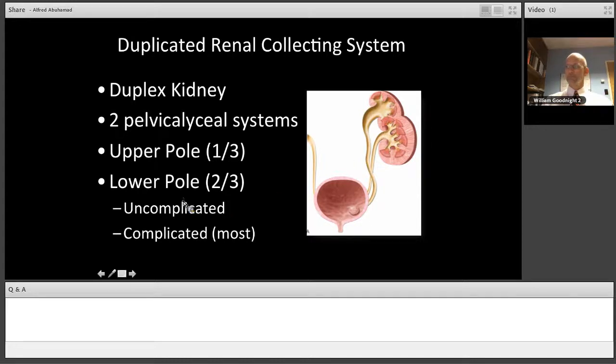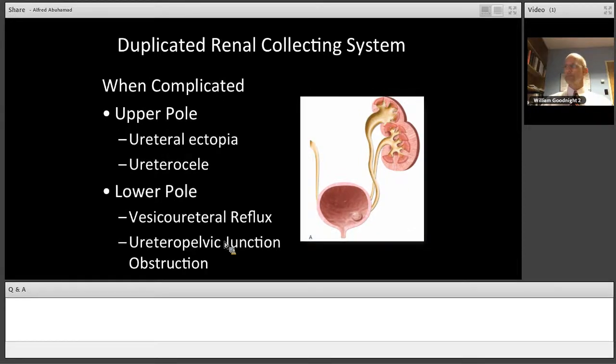Most of them are probably uncomplicated, but most of the ones we see prenatally are complicated because we make the diagnosis based on either a dilated ureter or a ureterocele in the bladder. So keep that in mind. So when they are complicated, what happens? The upper pole right here typically has a ureteral ectopia, meaning that the ureter does not open at its anatomic location. Most of those are at the bladder neck, but could be any place.